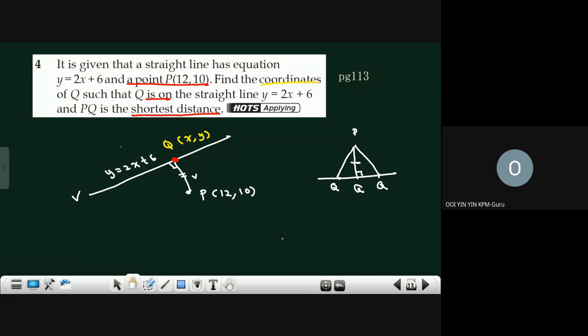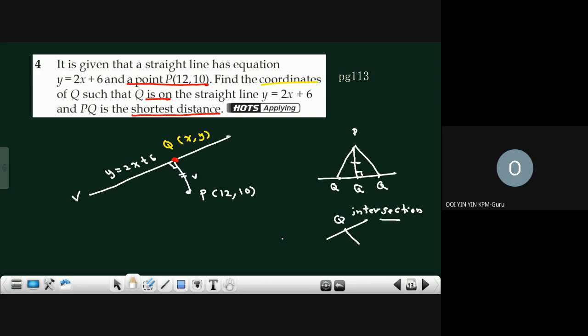Then you know that your Q is actually the intersection of these two lines, right? So your Q is the intersection point of your two equations, PQ and y equals 2x plus 6. You remember I told you before, to find the point of intersection, we need to solve simultaneous equations.